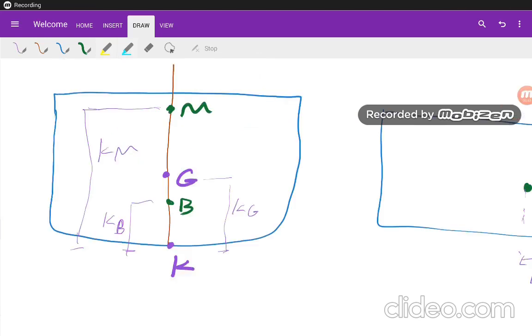Okay, now let's bring our exercise to a real vessel. If we look at the vessel from the forward, we are drawing the midship cross section, as you see here.